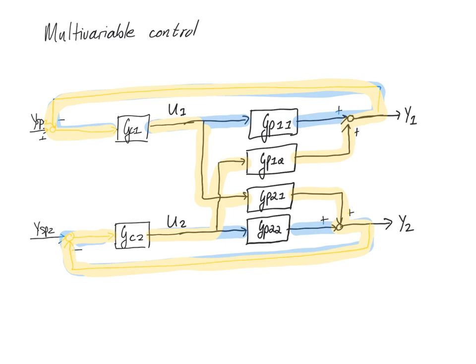So make sure that you understand that a change here will have an effect all the way along this loop. We'll measure that effect, the second controller will act on it, that action will be moved back, and we'll see that effect in y1. And so this control loop actually contains the other controller as well. So this controller, which we designed using this transfer function over here, will also see an effect from this secondary loop.